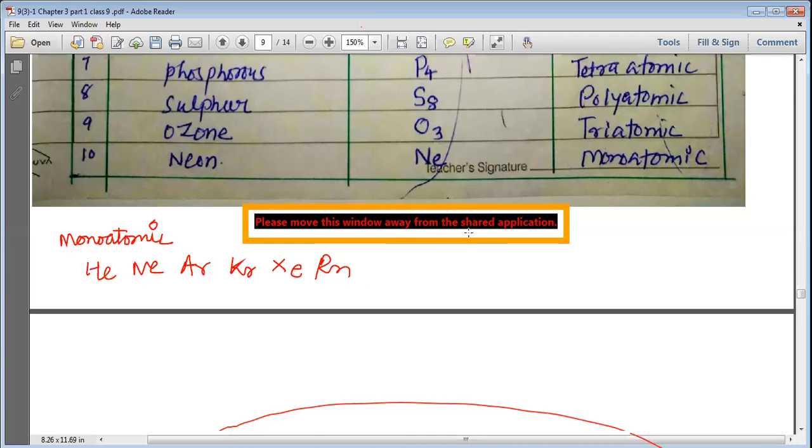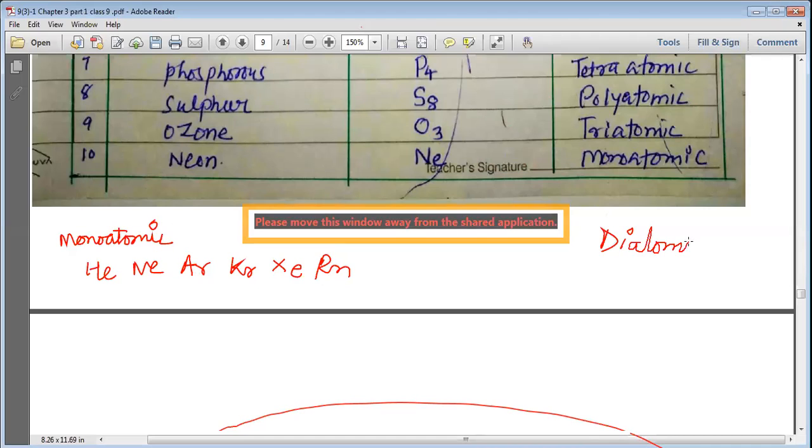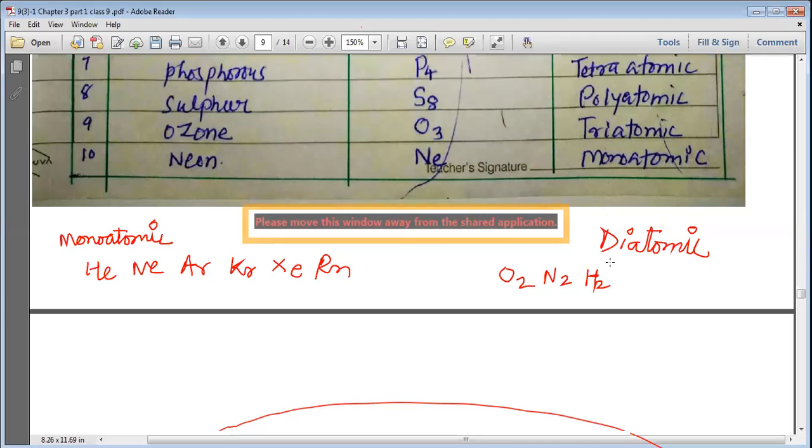If you want to look into the diatomic, my dear students, diatomic, we find this oxygen, nitrogen, hydrogen, then chlorine. These are diatomic molecules.